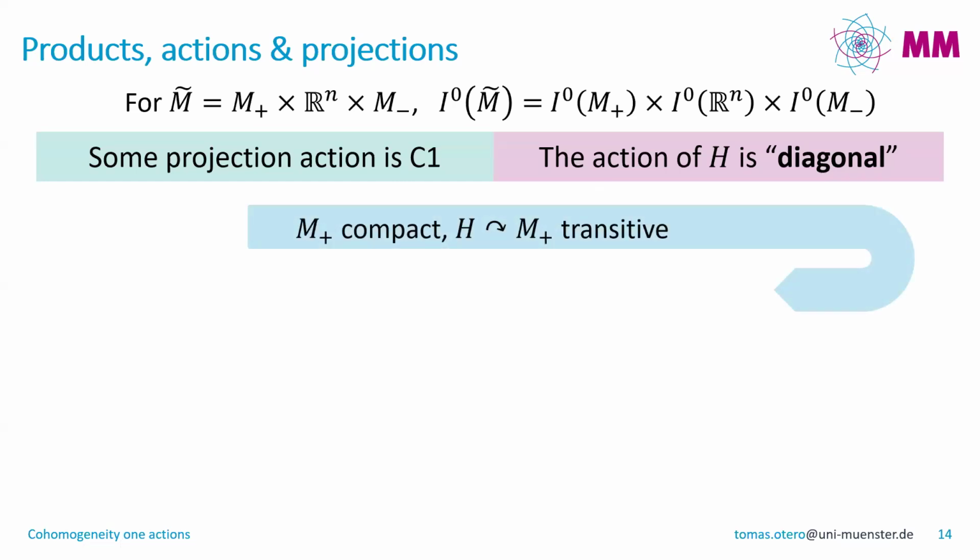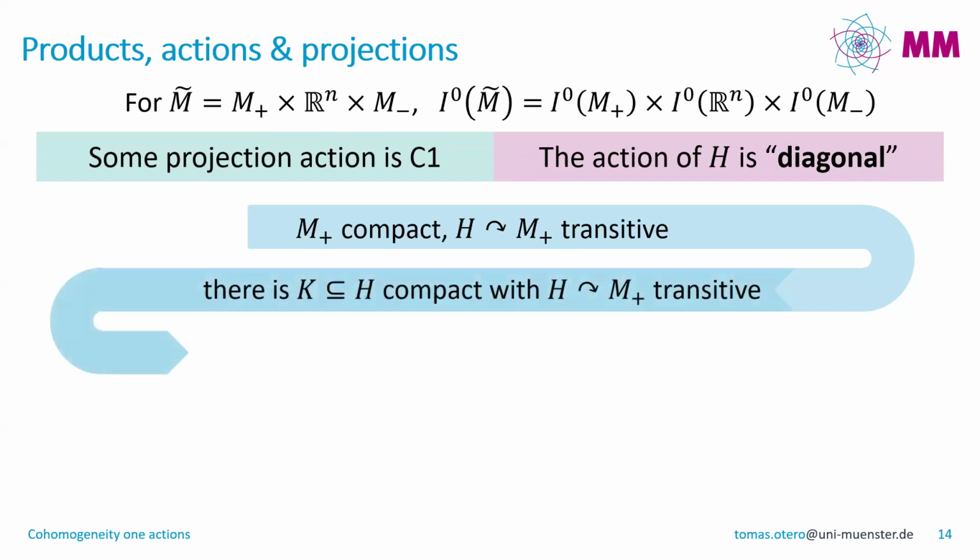Then maybe I'll do a quick thing here, which is, well, this is not that easy to have that all of the projection actions are transitive, because, for example, say that you have a compact factor and you have a group whose projection action is transitive on M plus.